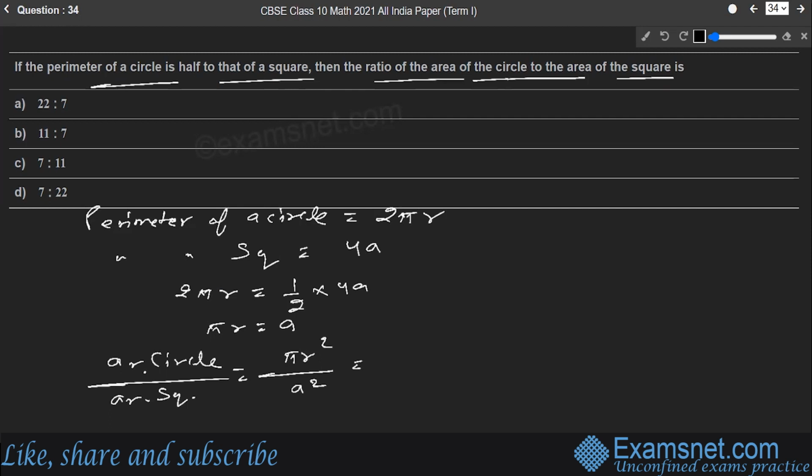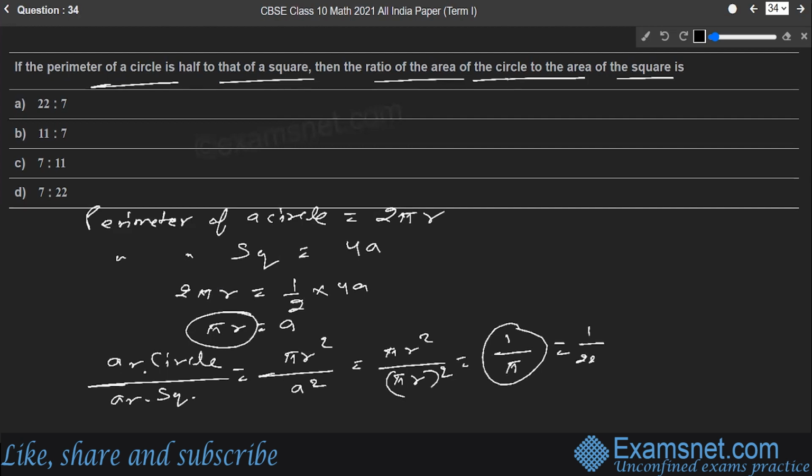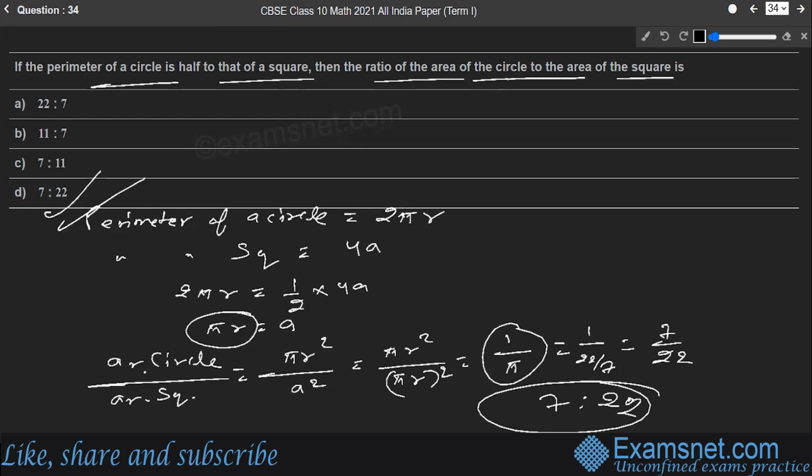So it is pi r square divided by, in place of a we can put pi r, so it becomes pi r's whole square. We are left with 1 upon pi, because the r square gets cancelled. That is 1 by 22 by 7, that is 7 by 22. So the ratio becomes 7 is to 22. That is the required ratio, available in option number D.